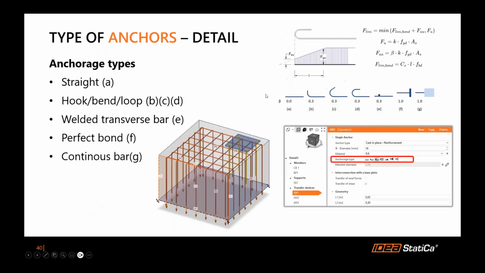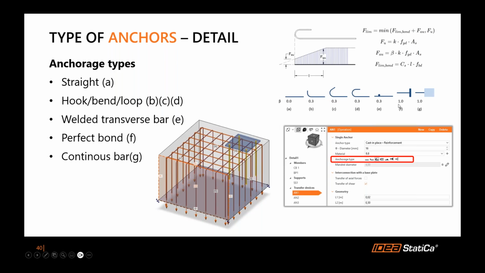In Detail, there are more anchorage types. They can be further modified after the export. Let's have a look at them. First, we see a straight anchorage type with a beta factor of 0, and then there are hooked, bended, and looped anchorage types with a beta factor of 0.3.